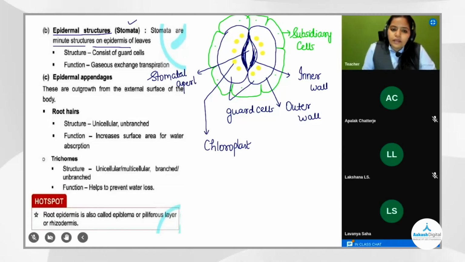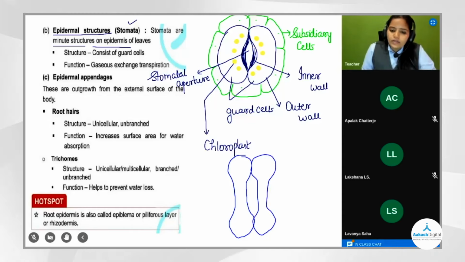Clear, everybody? Up to this level, anybody having any doubts? Now, I will just change a minute data, and that is the shape of the guard cell. If the shape of guard cell looks like this, like a dumbbell, you call it the case of monocots.